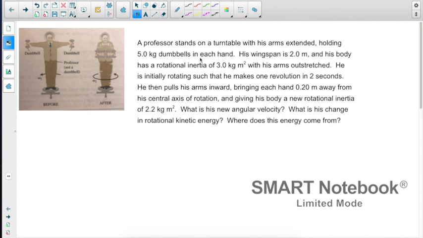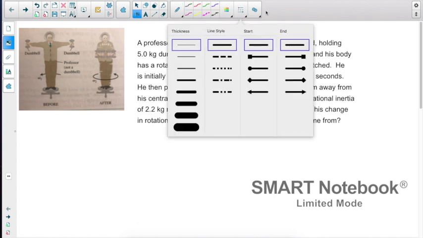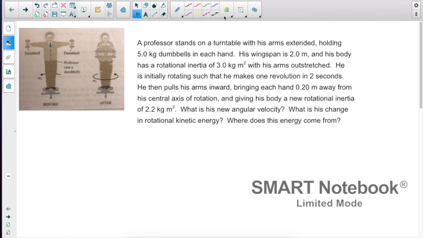If his rotational energy does indeed change. So we have all this information here. Let's start trying to interpret it and see if we can use it to answer our question. So I can see that he is holding these dumbbells and they each have a mass of 5 kilograms. His wingspan, where that term wingspan just means the length measured from fingertip to fingertip with his arms outstretched, that's 2 meters. His body itself, so he's rotating about this central axis, has this rotational inertia.